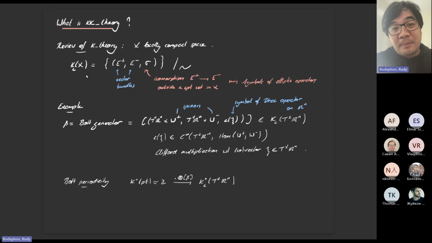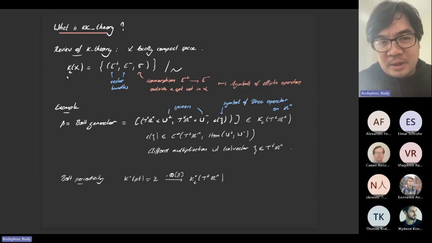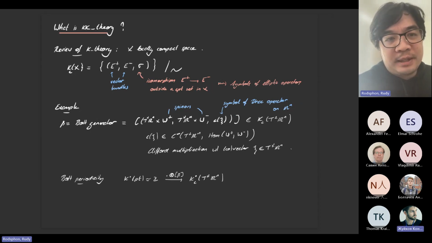Here I'm using a more refined version of K theory that was introduced by Atiyah. Elements of the K theory of X will be represented by pairs of bundles, let's say two vector bundles, E plus and E minus.